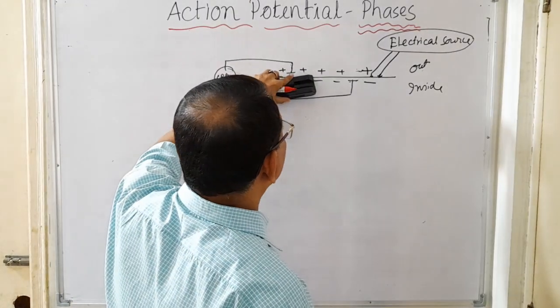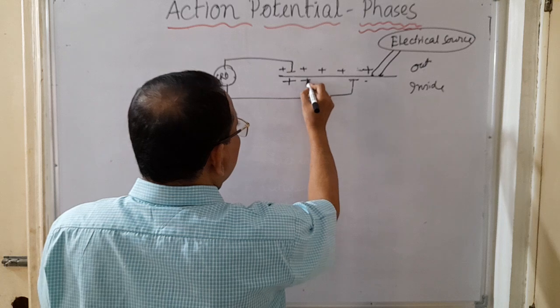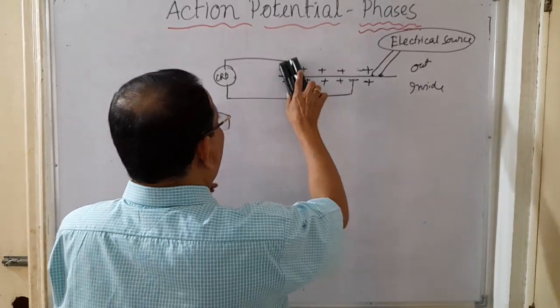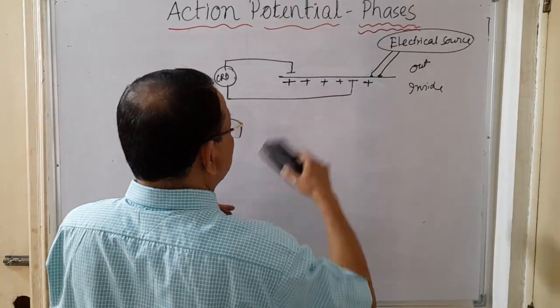That means the inside will be electropositive, and the outside will be electronegative.